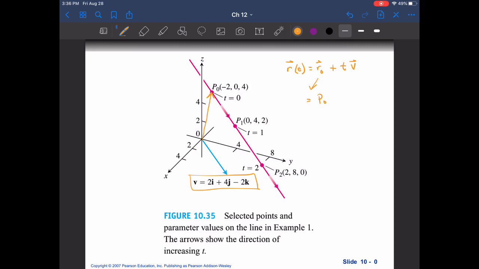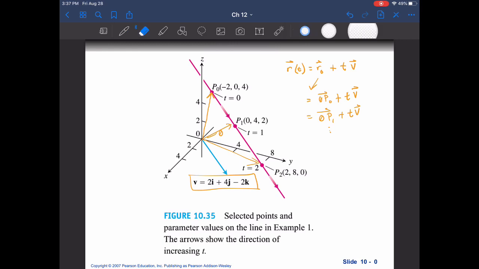I'm going to call this origin O or something. And so we can make the vector O to p naught plus tv, or you can do O to p1 plus tv. Any one of these is going to work. You could use this one or whatever, as long as it puts you onto that line.